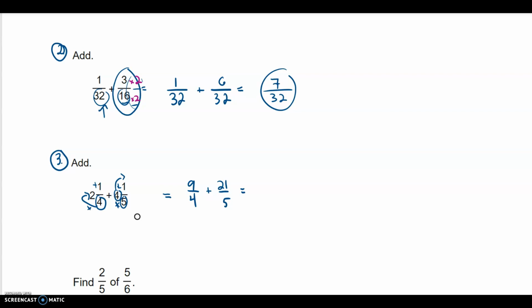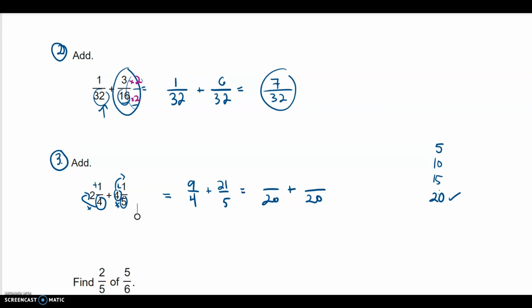If you can't figure it out, I start with the bigger of the 2 denominators and start listing its multiples. 1 times 5, 2 times 5, 3 times 5, right? And you're just asking yourself, when does 4 go into one of these numbers? And the next one I get to, 20, should work. All right, that's going to be my LCD.